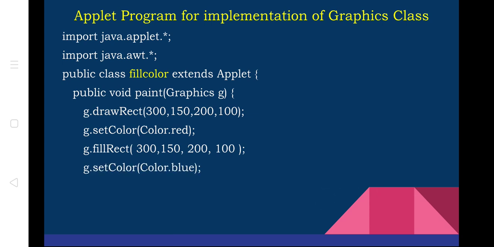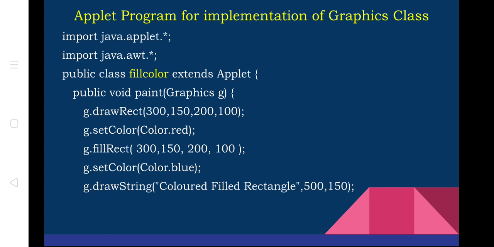So now that function is over. We are going to set the color for the next item, which is g.setColor(Color.blue). This is going to set the color of the string which you are going to display on the screen as colored filled rectangle. The color of this font is blue. Whatever you want to display, first of all you have to set the color.